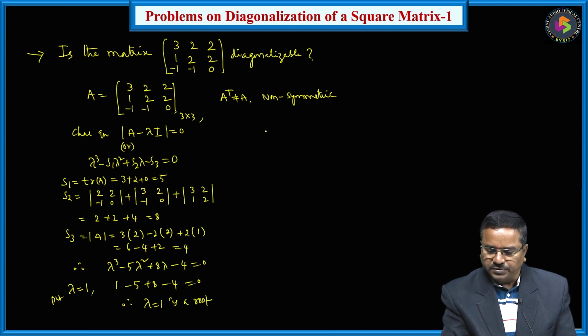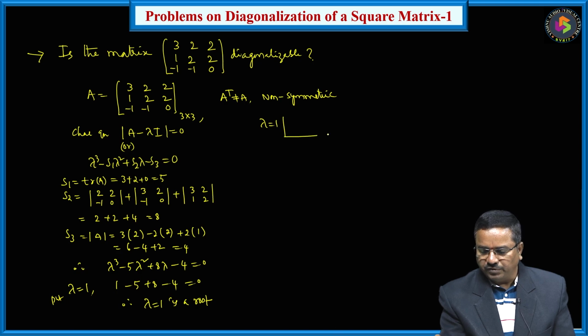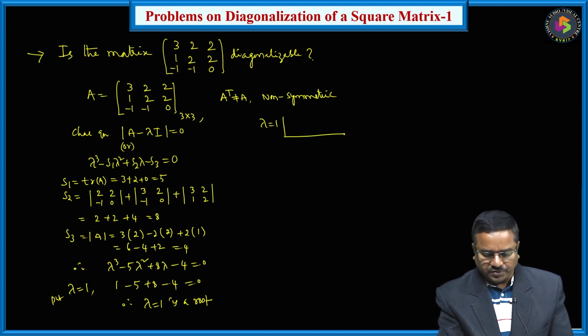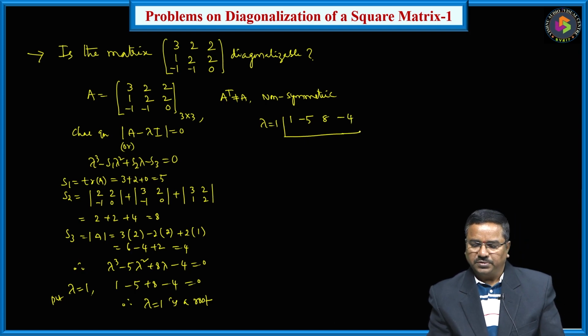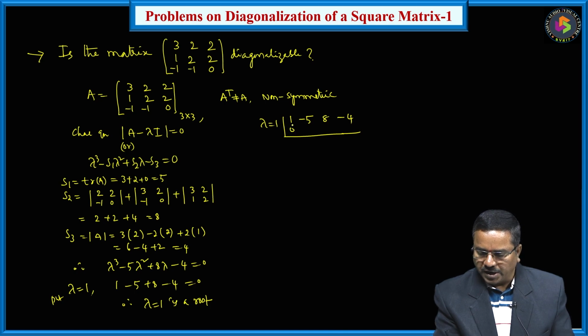Then what do we do next? If lambda is equal to 1 is a root, then use the synthetic division formula. Write the coefficients in decreasing order: 1, minus 5, 8, minus 4. Hope everyone knows this concept. So, you start with 0, add here 1, multiply and write it here 1.